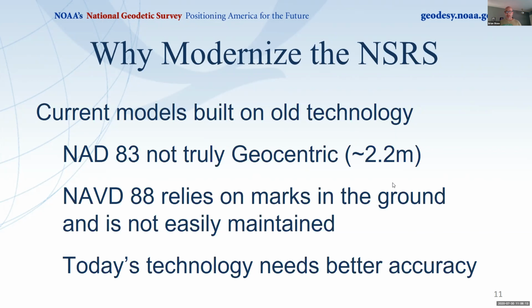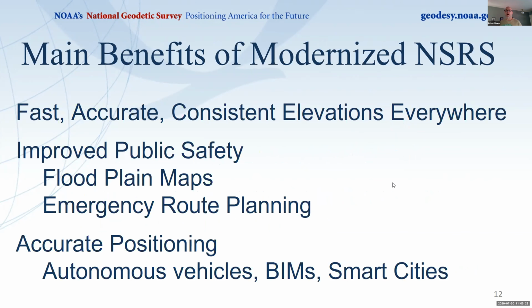Today we need to provide a better geospatial infrastructure, allowing you to get a more accurate position than what you can today. Some of the benefits of modernizing the National Spatial Reference System are fast, accurate, and consistent elevations everywhere through GNSS surveys. With the gravity data we're collecting, we'll allow people to get 1 to 2 centimeter level accuracy positioning from GPS.